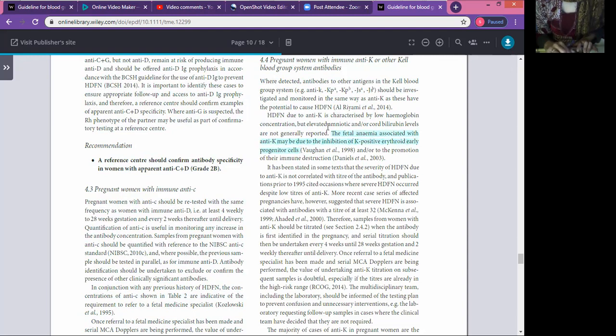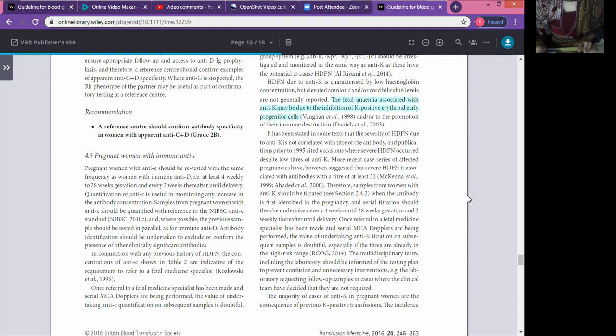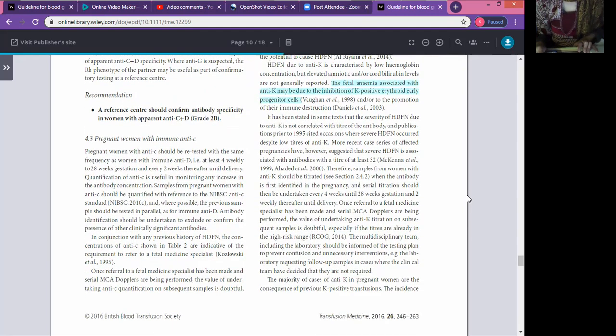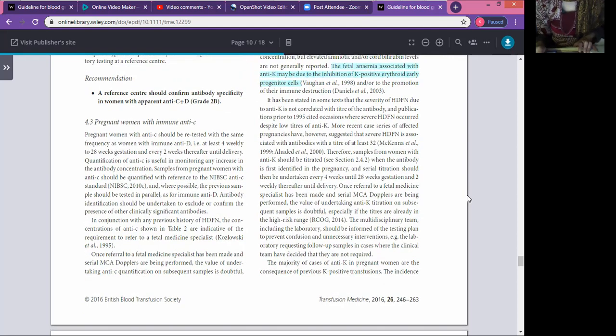And even if there is low hemoglobin, this may lead to elevated amniotic or cord blood bilirubin levels. So this is another thing about KEL antibodies. The way they cause anemia is by fetal inhibition of erythroid precursor cells, the K positive erythroid early progenitor cells.